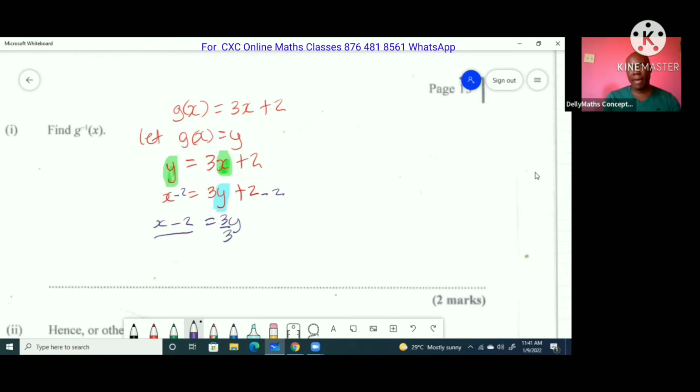So if I cancel down this, definitely you're seeing here that y is equal to x minus 2 all over 3. But nobody asks us to find y. So I'm going to write this the proper way. The inverse of g of x is equal to x minus 2 over 3. Now, so that is the inverse of g of x.